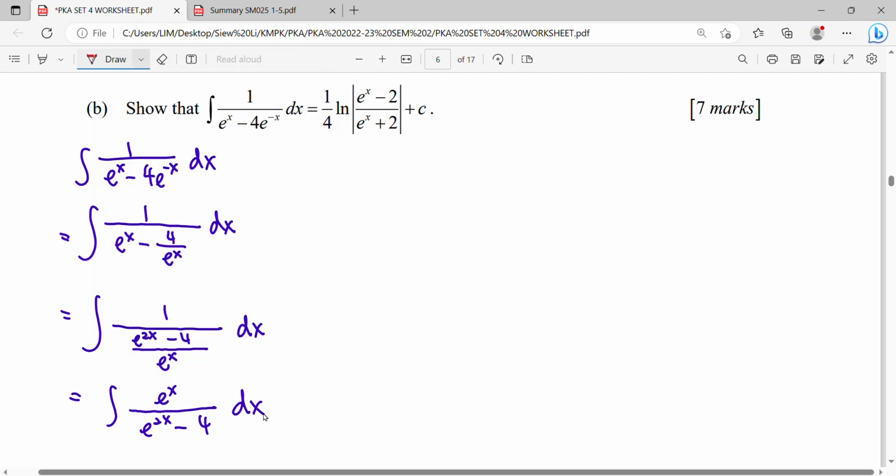Before this, we took the whole part of the denominator. Why not, just now, we just take e^x only. So when we substitute and differentiate, du/dx, you will have e^x. So du equals e^x dx.